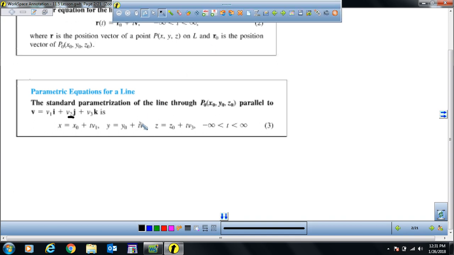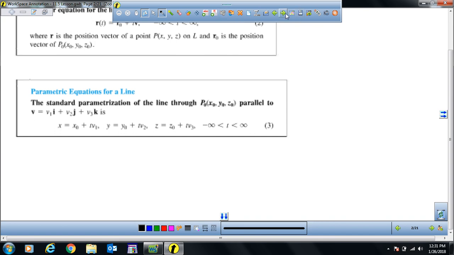If t is 0, we get the initial position y of 0, and as we increase t, that gives us all the points that belong to this vector v. And third, z equals the initial position z of 0 plus the z component times some parameter t. That gives us all the values of z that belong to this vector v.